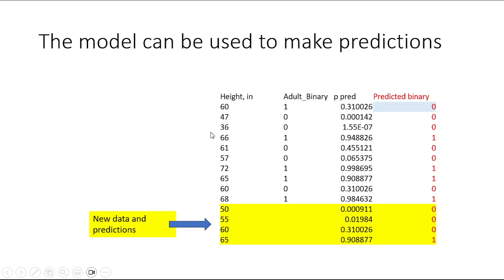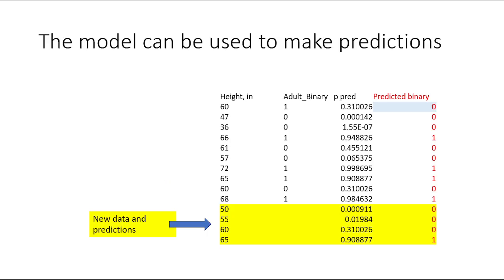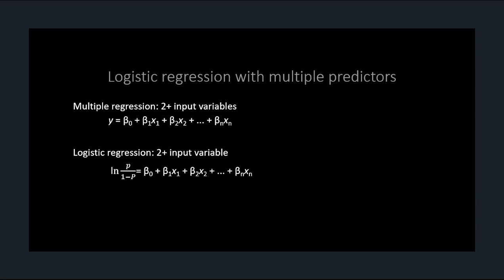But when we do other classification models, which we're not going to do at this level of algebraic depth, you can put multiple things in. So you could put height and weight and all kinds of other things. The idea of making models with multiple input values is incredibly important. We're not going to hand calculate these, but we are going to do models where we have multiple inputs and we can look at that.